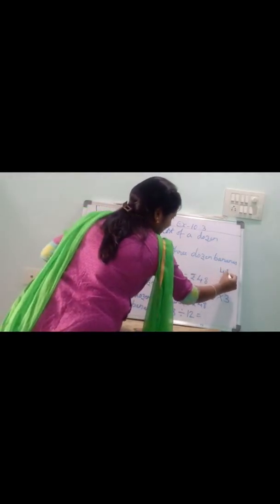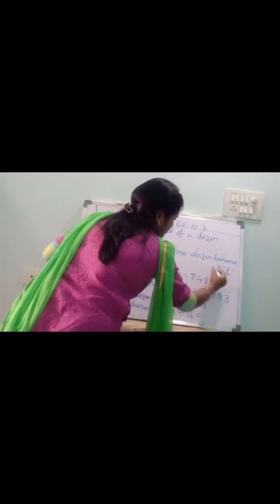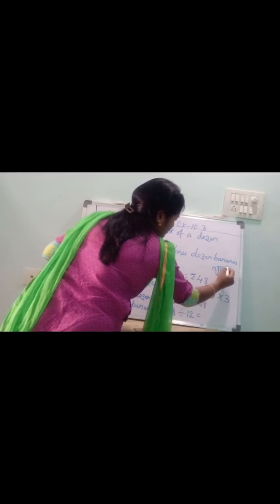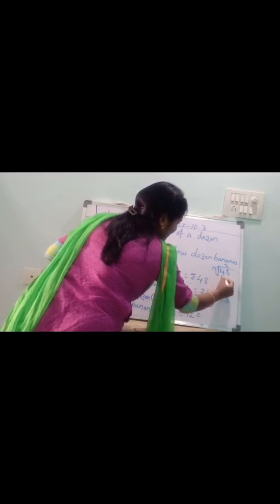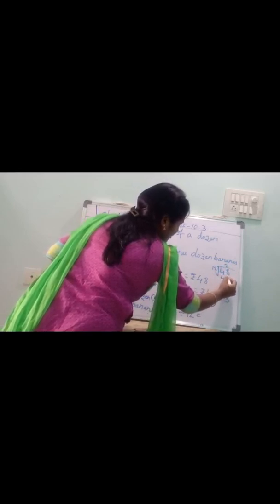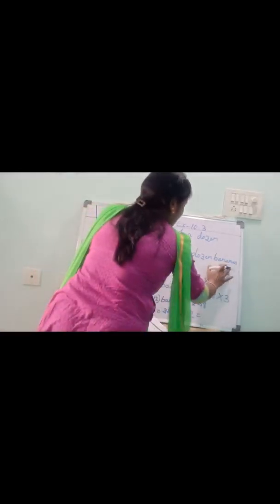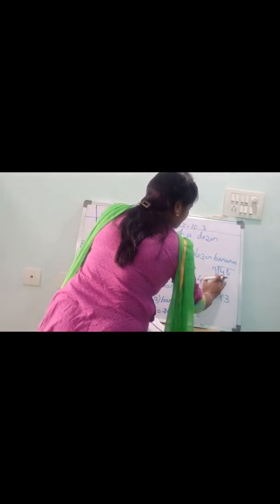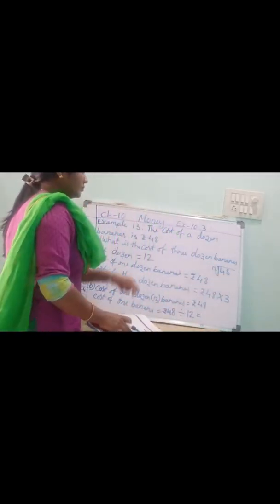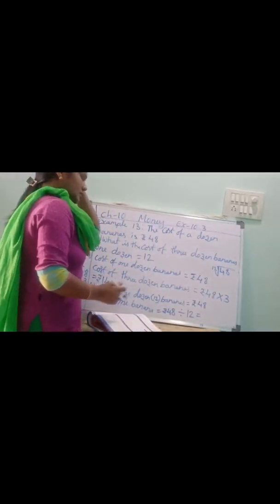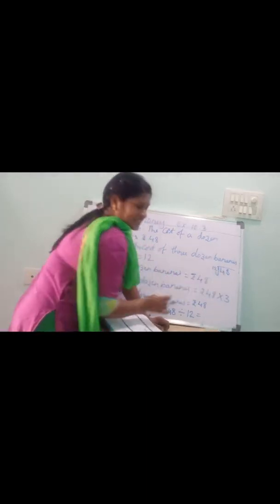See, 48 divided by 12. 12 2s are 24. Sorry ma. See, 4 is a small number.